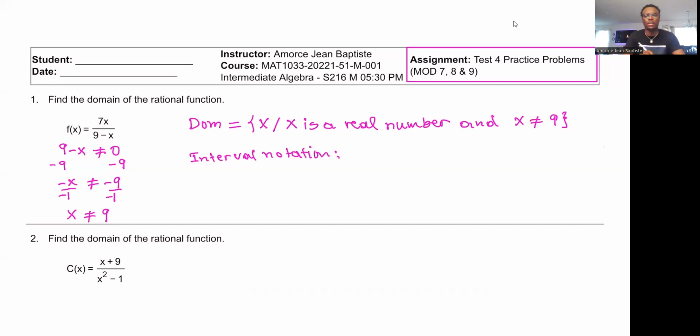which is what I require for your answer on the test, is if we consider the number line, negative infinity, 9, positive infinity, which is the whole number line, 9 is excluded.